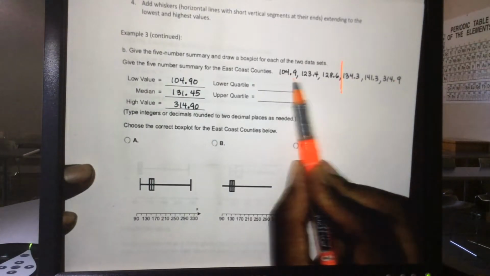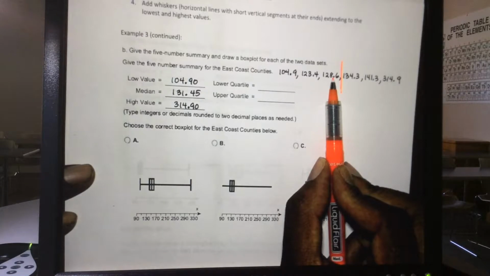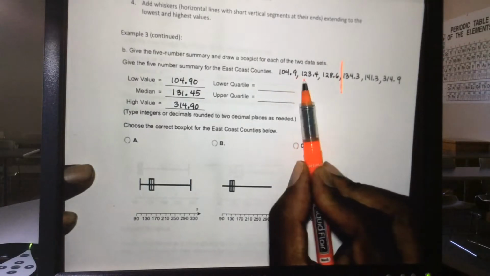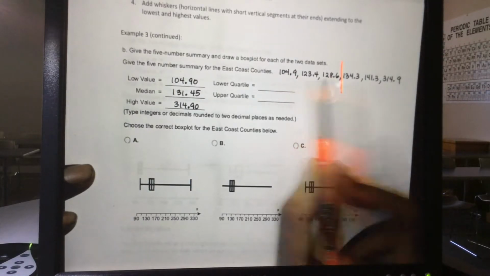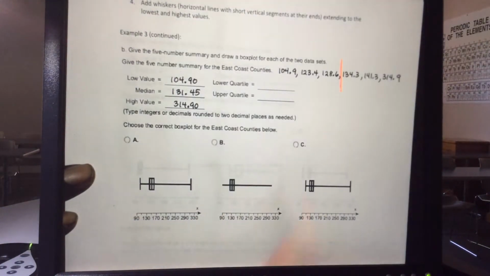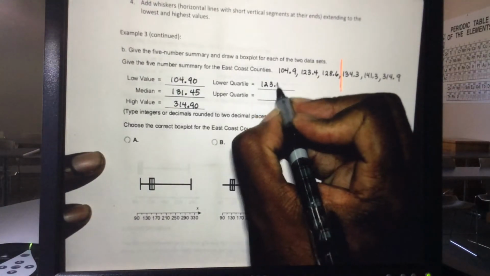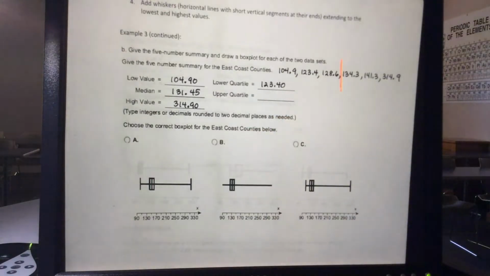These are your upper set of numbers. From the lower set, we're going to find the lower quartile, which is the median of the lower set, or the middle number. This is going to be easy because the middle number in this lower set is 123.4. And I have to add a 0 behind it. Okay?